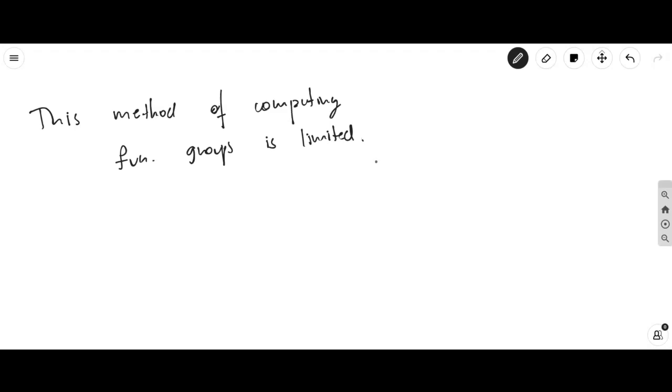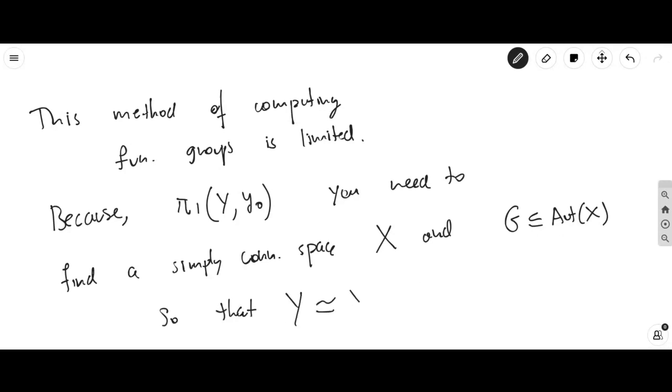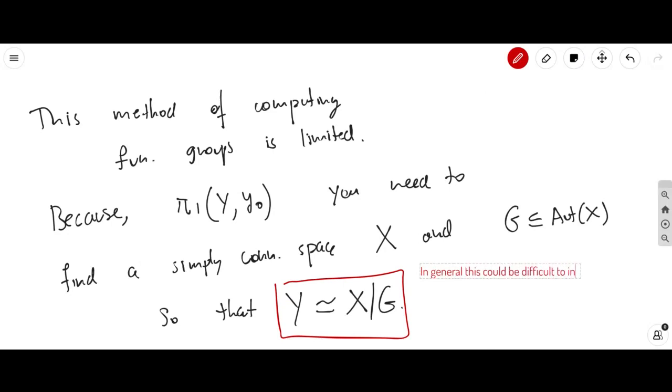It's a limited method because if you want to find the fundamental group of a space Y at some point y0, you need to find a simply connected space X and a group of automorphisms that acts evenly on X so that Y is homeomorphic to that quotient. And in general, this could be difficult to find.